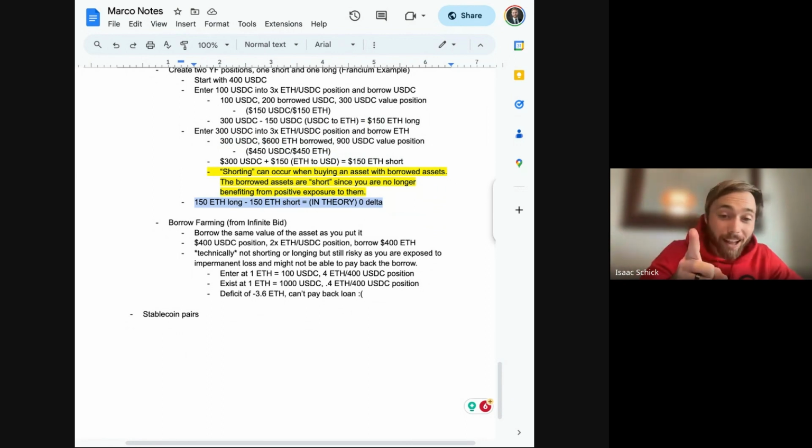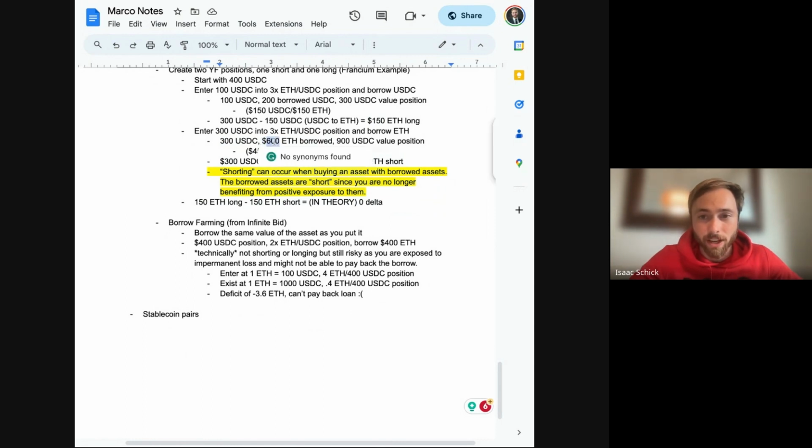In reality, we are not though. The reason why is because we still have a lot of leftover borrowed funds. Even after this, we still have $600 worth of borrowed ETH that will need to be repaid at the end of this venture. And we will have 100 USDC or 200 USDC that will also need to be repaid.